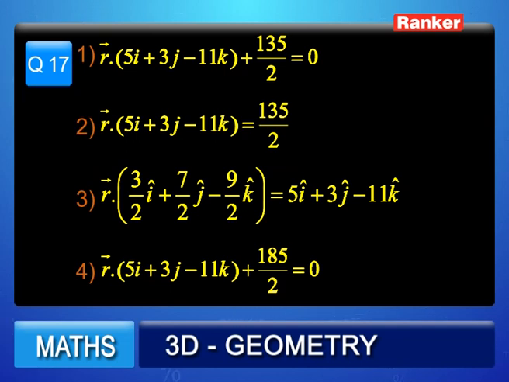Second option, r bar dot 5i plus 3j minus 11k is equal to 135 by 2. Third option, r bar dot (3 by 2 i plus 7 by 2 j minus 9 by 2 k) is equal to 5i plus 3j minus 11k. And fourth option, r bar dot 5i plus 3j minus 11k plus 185 by 2 is equal to 0.